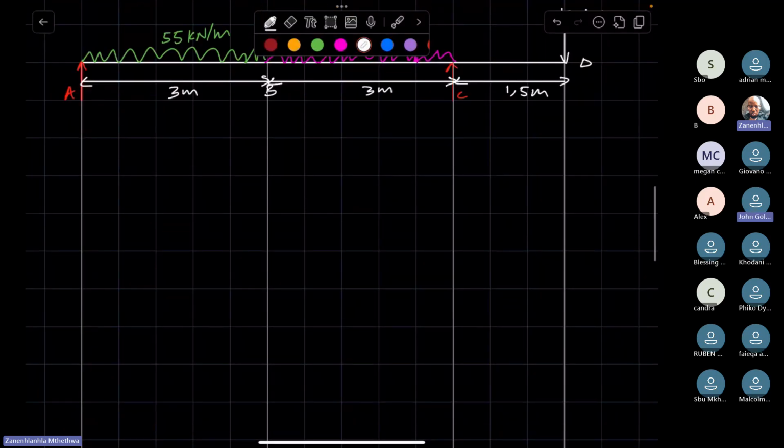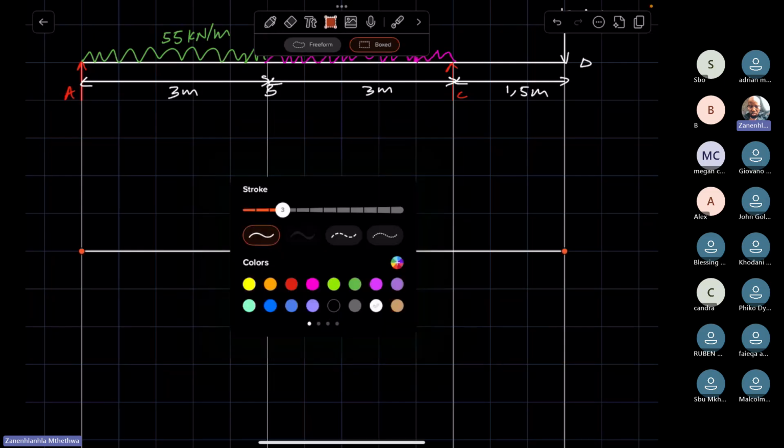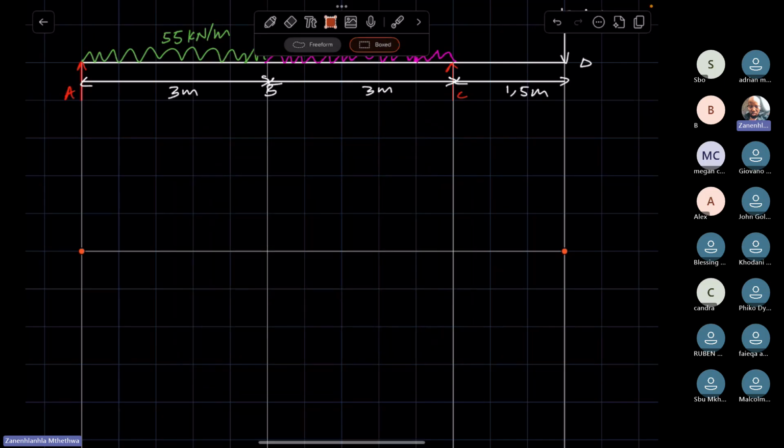So starting with your shear force diagram. In drawing your shear force diagram, you must have a line representing your zero line. So this represents your zero line, meaning that's 0 kilonewtons. This is for your shear force diagram.